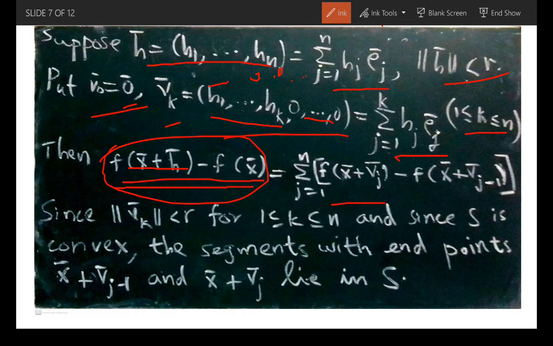Right, that way. So subtract and add many things in between. So I will get sigma j is equal to 1 to n f of x plus Vj minus f of x plus Vj minus 1. Hope you understood.